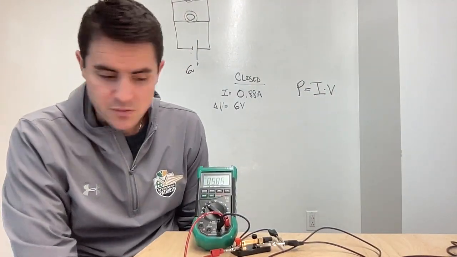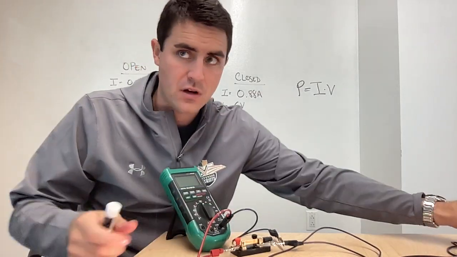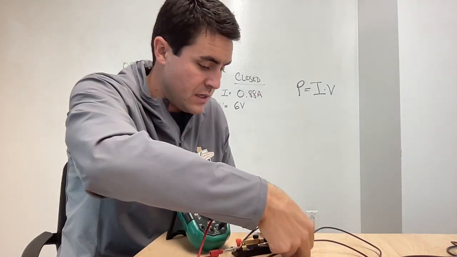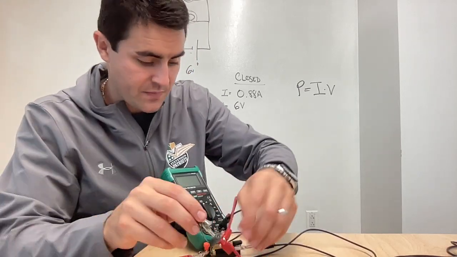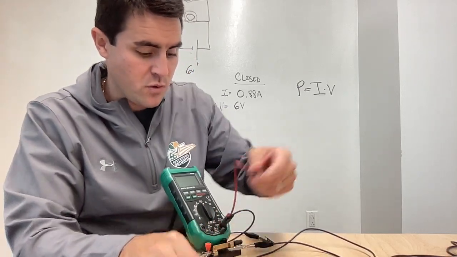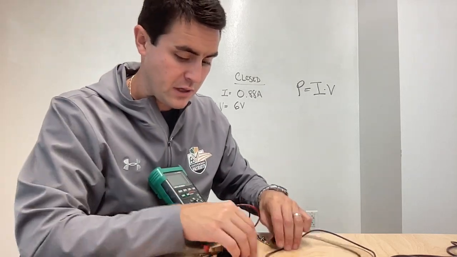The last thing it wants me to do is turn this off and take this switch and move it. It wants me to move the switch from being in series out here to being in parallel out here.